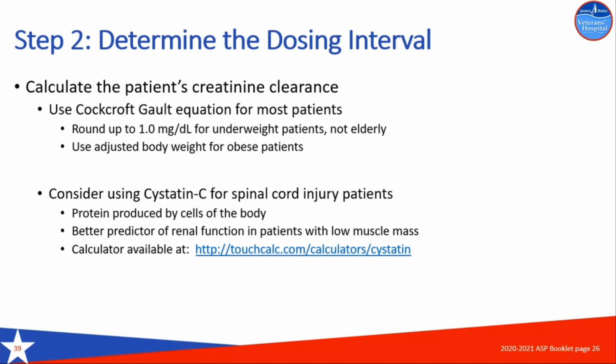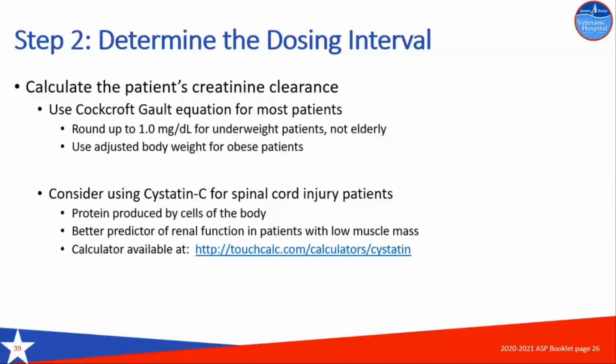but we do not typically do that in our elderly patients. And go ahead and use adjusted body weight for your obese patients. We do have a special population here of spinal cord injury patients. When you're at the VA, or somewhere where there are spinal cord injury patients or patients with really low muscle mass, you can consider using the cystatin C to estimate the GFR.